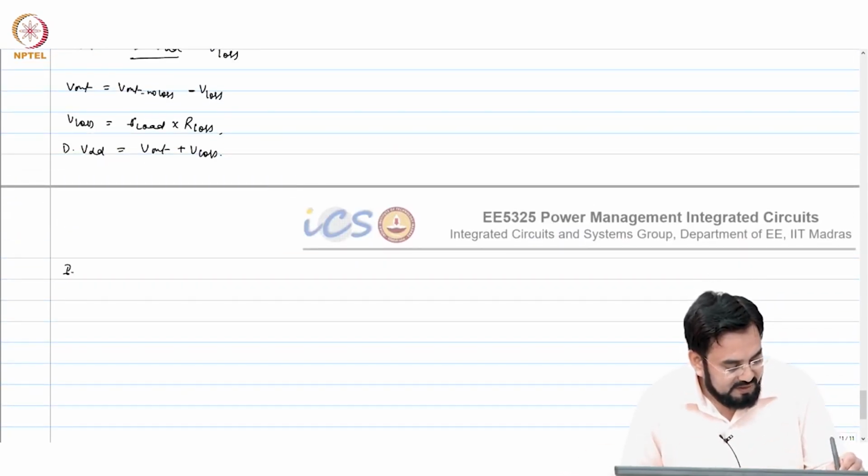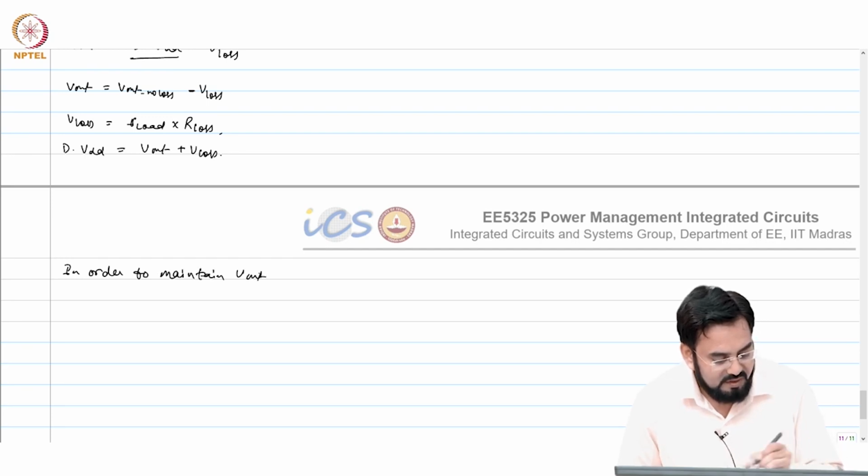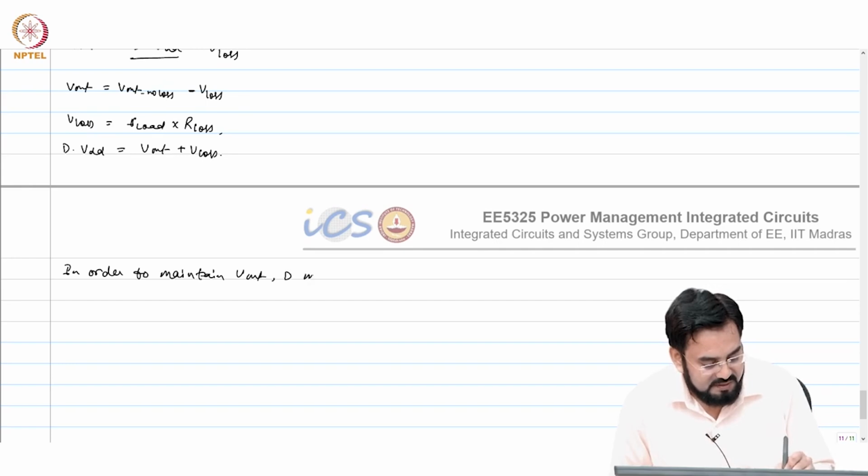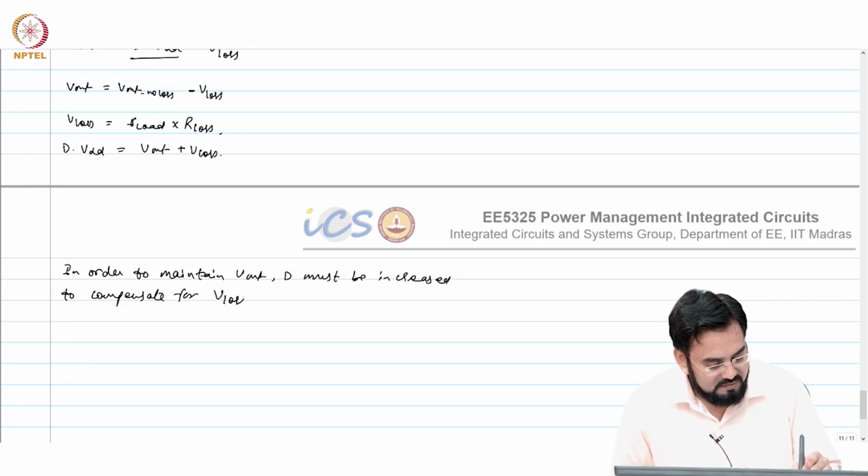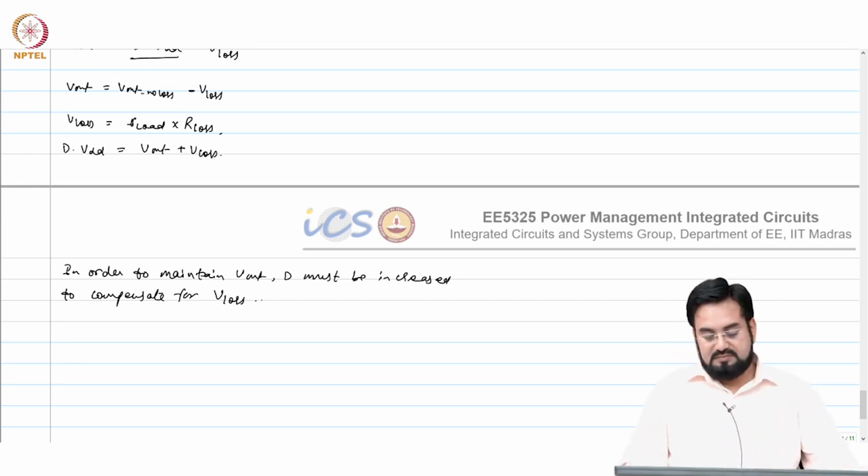So, in order to maintain V out, D must be increased to compensate for V loss. Okay.